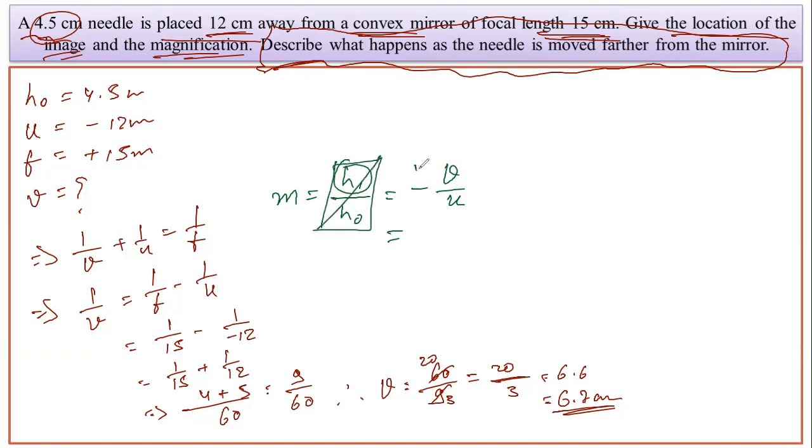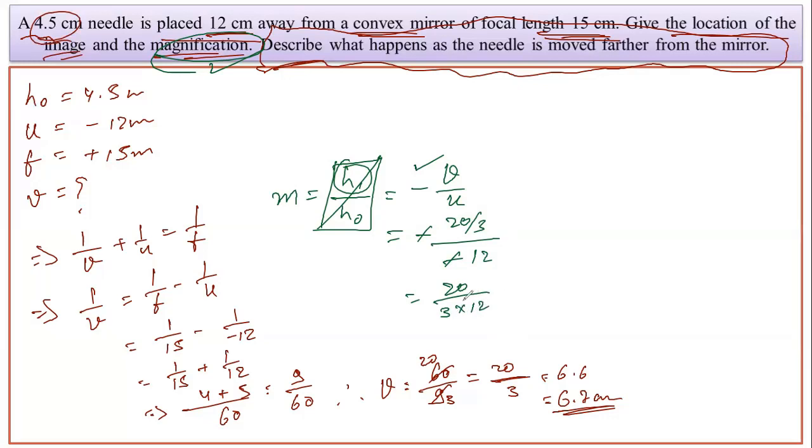I will just go with this quantity because the question is asking only for the magnification. So over here minus, the formula value, and I'm using this 20 upon 3, and u as we have minus 12. So this is going to cancel. So it is 20 by 3 into 12.